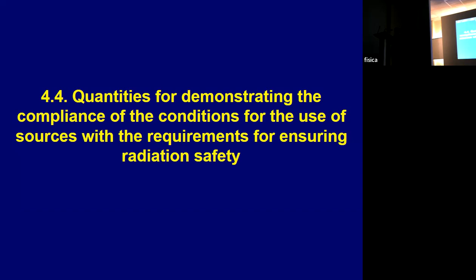This section will discuss the dosimetric quantities used to demonstrate compliance with radiation safety requirements, such as ambient dose equivalent for monitoring the radiation field in order to evaluate the effective dose or other values of radiological protection. Secondly, the individual dose equivalent for monitoring external exposure of a person in order to evaluate the effective dose or other values of radiological protection. And ultimately, permitted effective dose of internal exposure for estimating the effective dose from internal exposure.